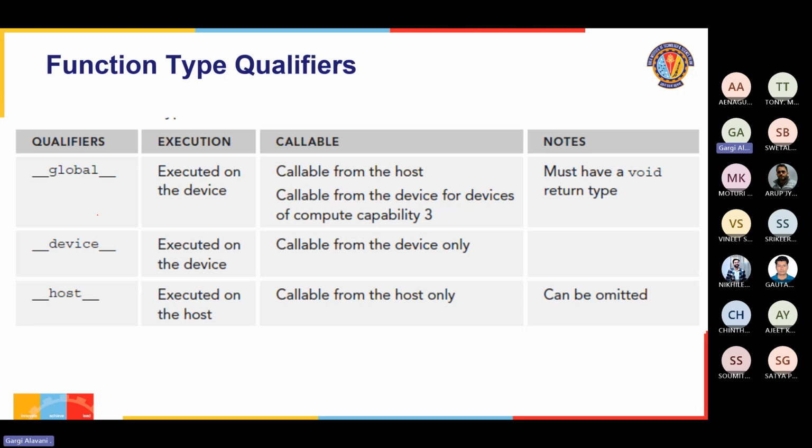There are basically 3 types of functions: global, device, and host. A global function is executed on the device, that is, on the GPU. Be very clear that host means your CPU and device is your GPU. Your device is a co-processor, hence it is called a device, and it cannot be a host because it is not the main processor.